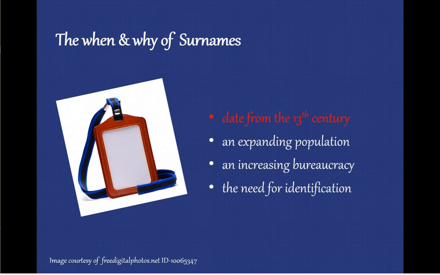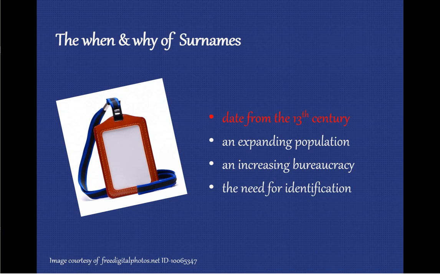We often hear that surnames date from the 13th century, and while that's true for the rise of medieval surnames in Britain and Europe, surnames were originally introduced and used in both ancient China and ancient Rome, so surnames were not a medieval British invention.